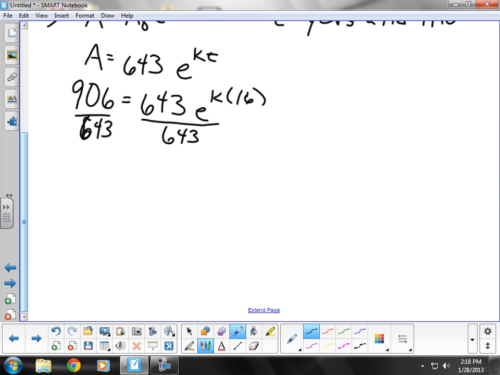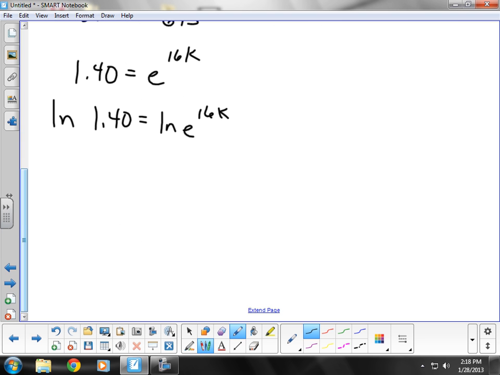Okay? So this is going to give you a decimal. 1.4 is equal to e to the 16k. Is that good if I do it that way? So k times 16. Now, I am going to take the ln of both sides. So I've got the ln of 1.4 is equal to the ln of e to the 16k.